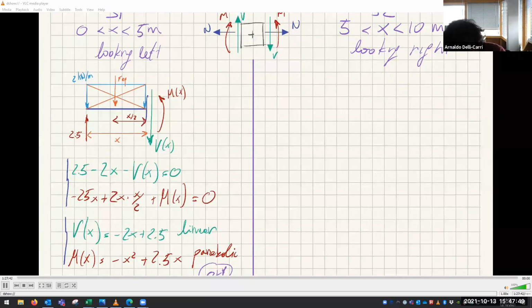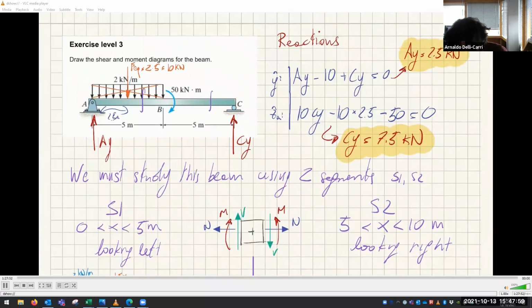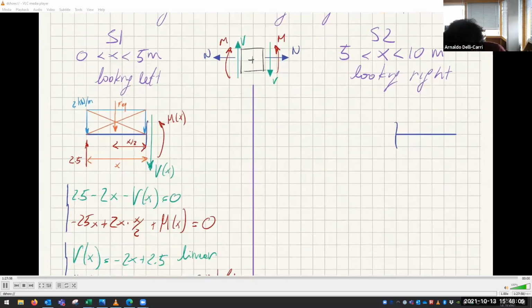Let's do this other one. Again, I say I'm looking right, so I'm going to draw this side now. Shorter. Of course, if I cut here and look right, I have to draw everything that is on the right. So that means just the 7.5 kilonewton load. And of course, the correct convention, which is this one.